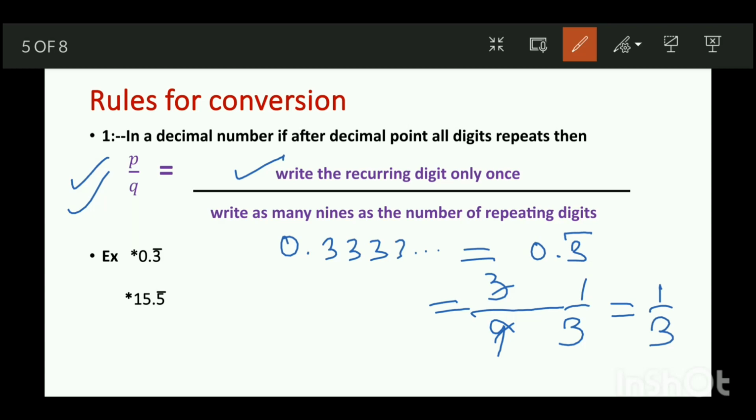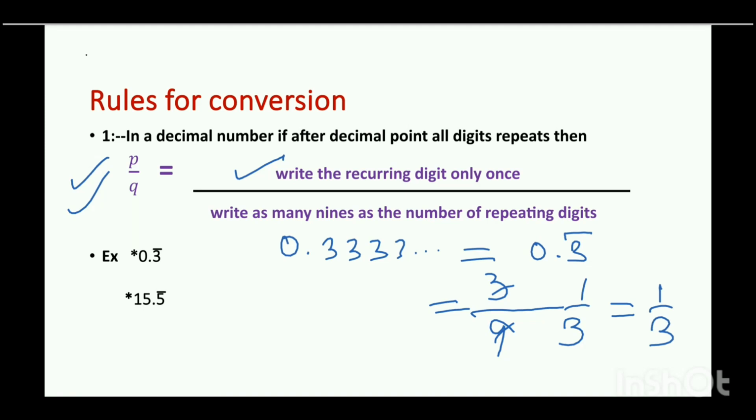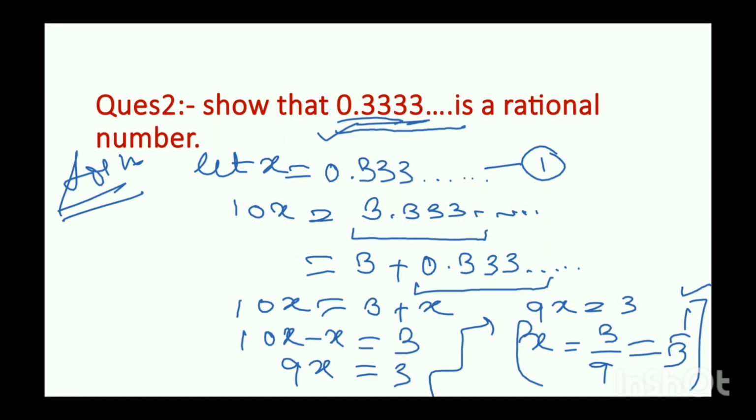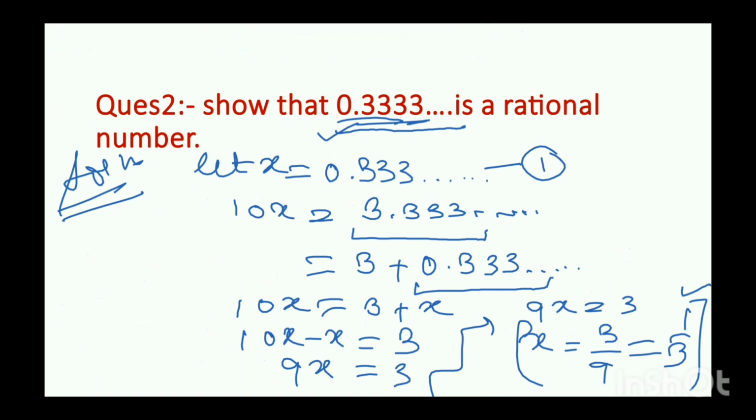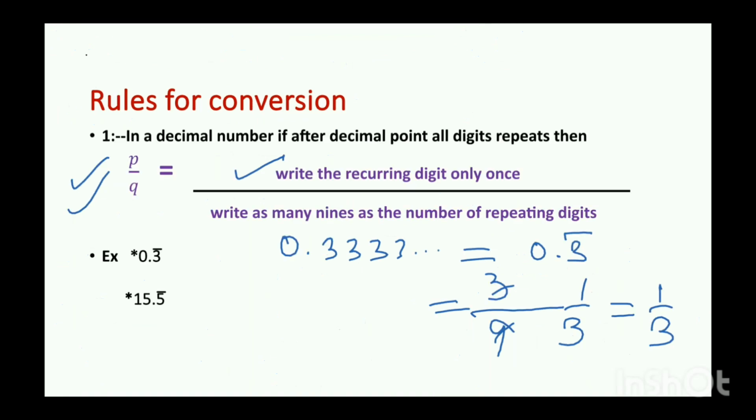So simply we have used this formula and got this answer. We can see that previously we also got this answer 1 by 3, and similarly by using this formula we have got this answer.